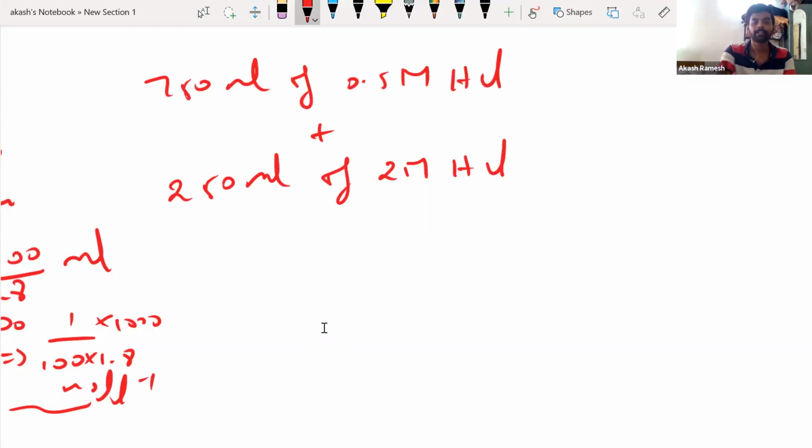The question is, find the molarity of the solution obtained by mixing these two, that is 750 ml of 0.5 M HCl and 250 ml of 2 M HCl solution.